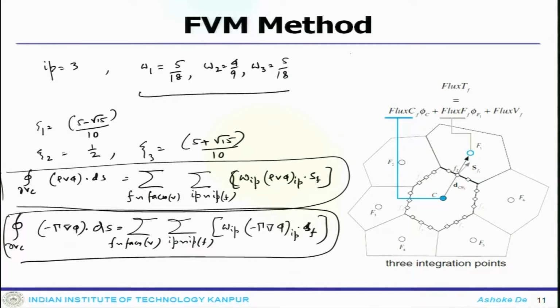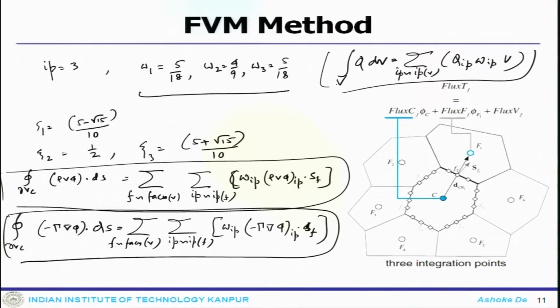The integral of q dV equals the summation of IP over V of q IP, W IP, V. So, that is the way you get the source term integrated. And IP and all these will depend on how many integration points you have over the surface.